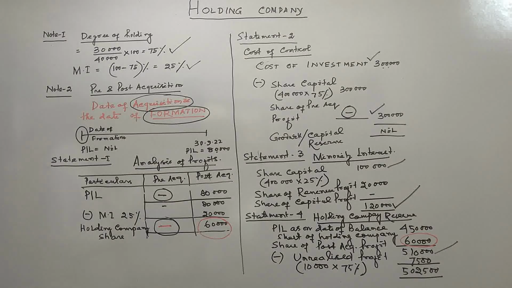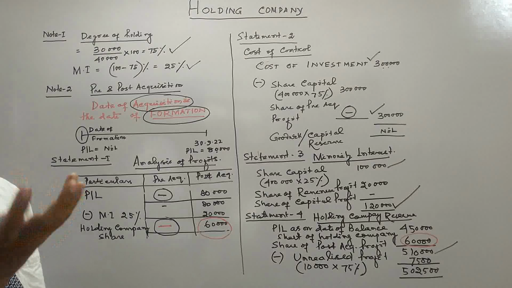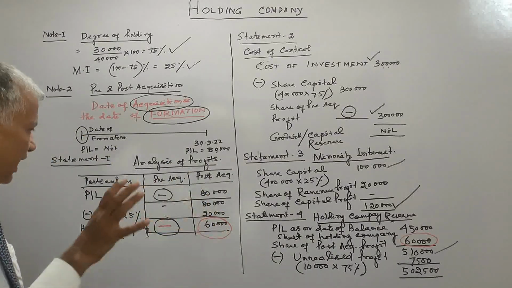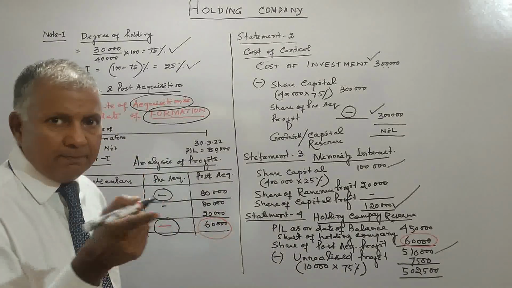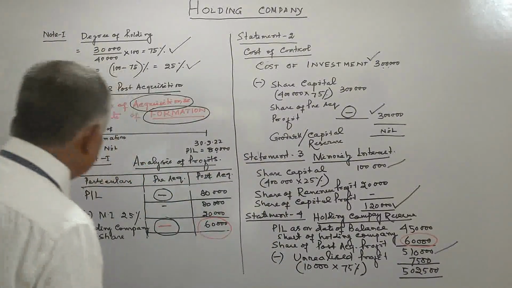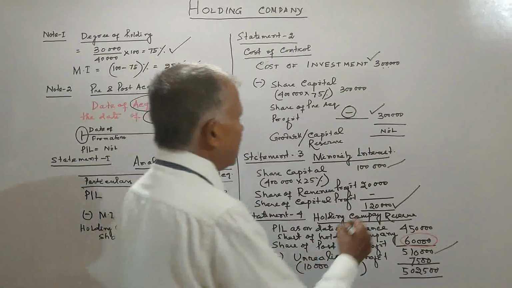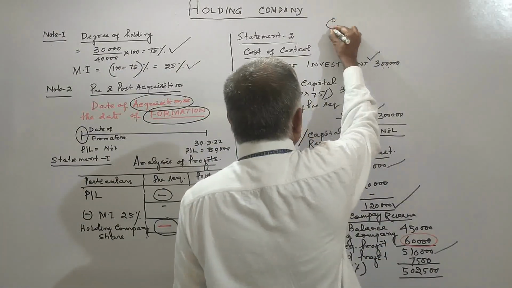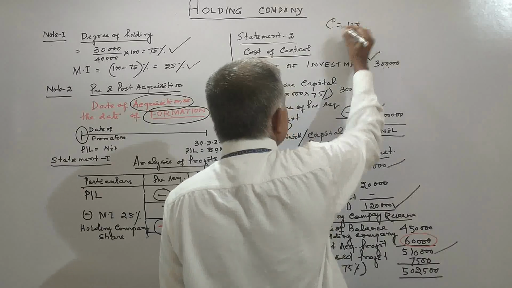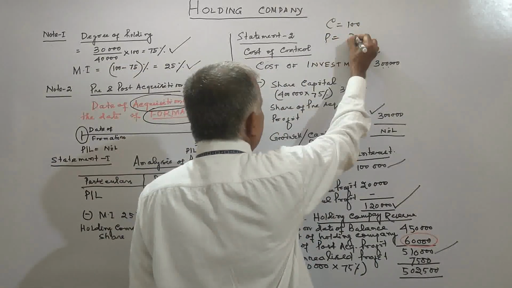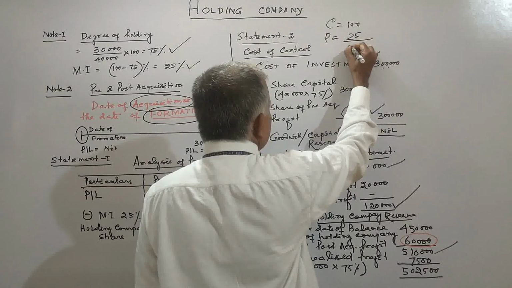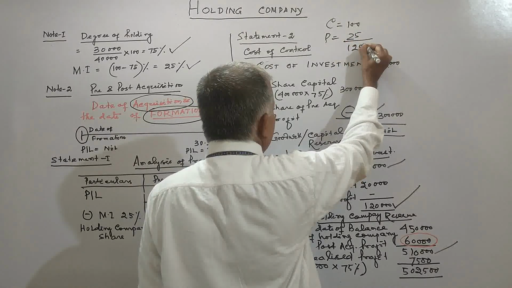That means the stock includes 50,000 of unsold goods, and on these goods the profit is 25% on cost. Friends, if you take cost as 100, profit is 25, so the transfer price is 125.